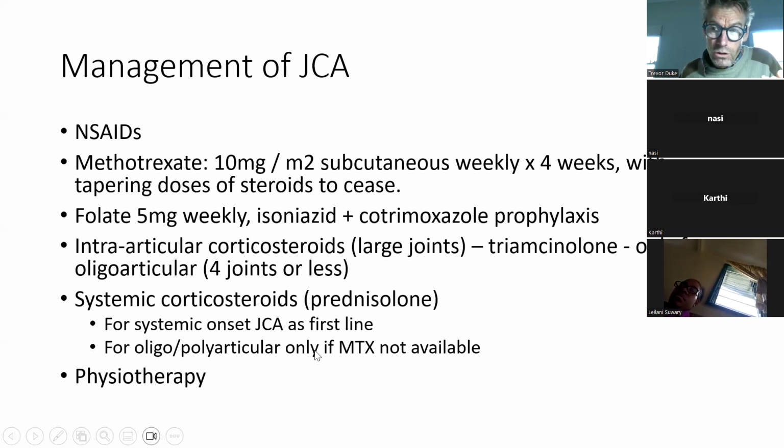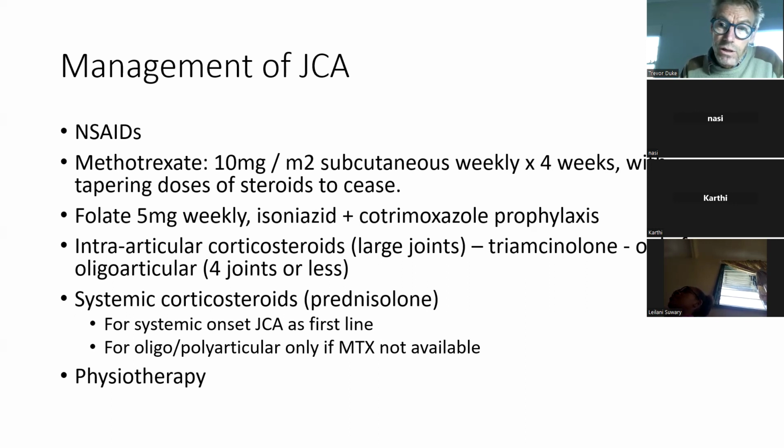The oligoarticular and polyarticular arthritis, you're better off using methotrexate to begin with if you can. These days, there are some more immune therapies that are used for juvenile chronic arthritis. I won't go into them today. There's an agent called anakinra, which is often used, and infliximab, different immune therapies that are rarely available.